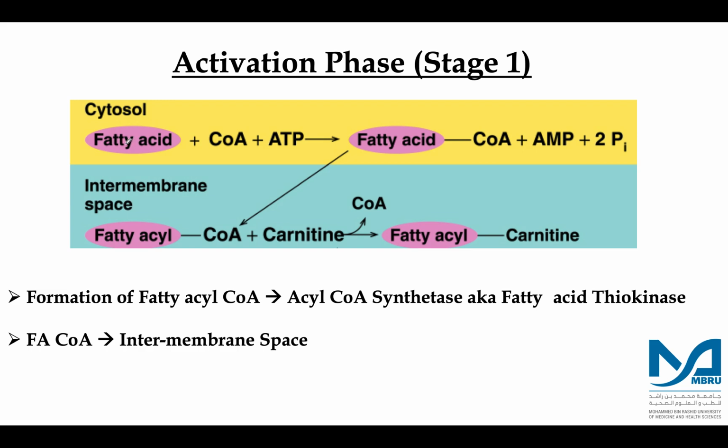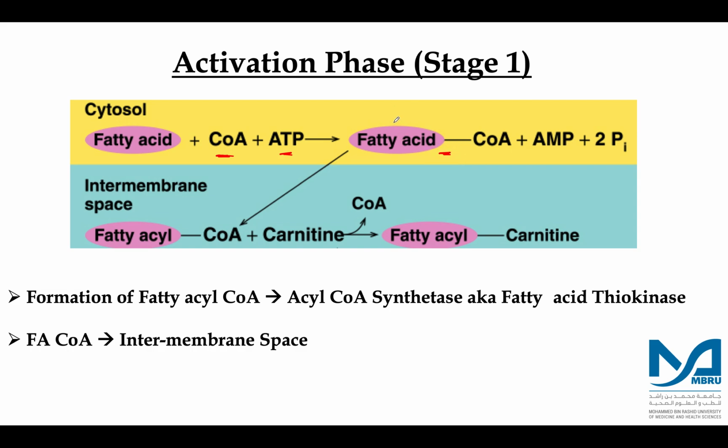So in the first step, in the presence of the enzyme thiokinase, fatty acid combines with coenzyme A, in the presence of ATP, leading to the formation of fatty acyl coenzyme A.